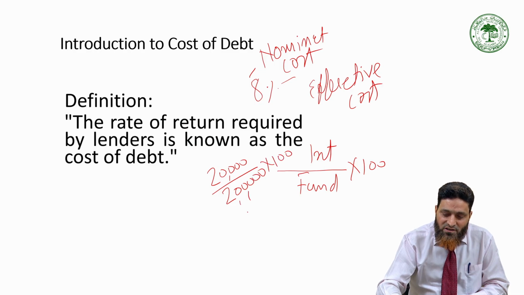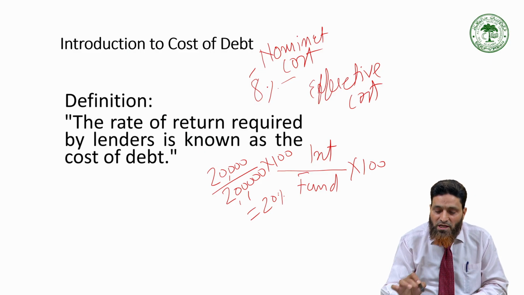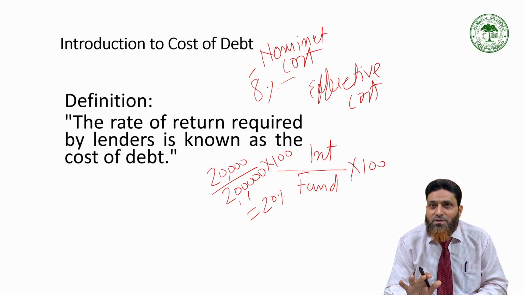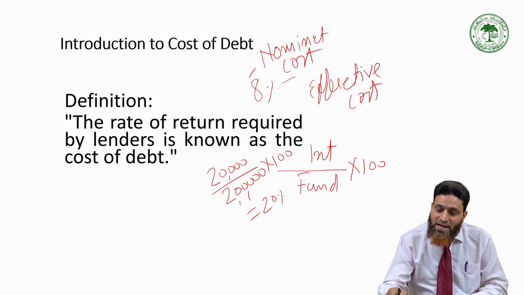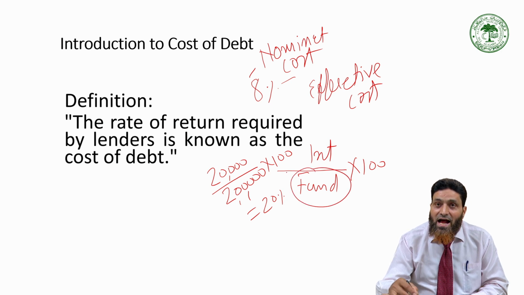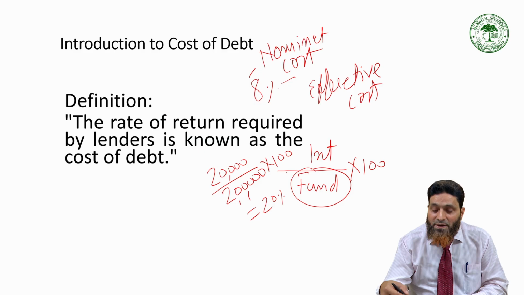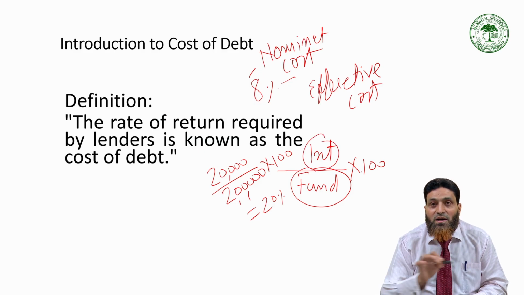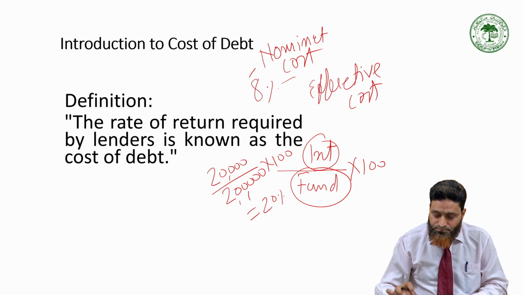So the effective rate will be 10%. This is not the actual calculation, but the genesis of the calculation is this particular logic. What amount the company has received is the total fund, and thereof what the company is paying. If you multiply by 100, you will get it in terms of percentage. That is called cost of debt.